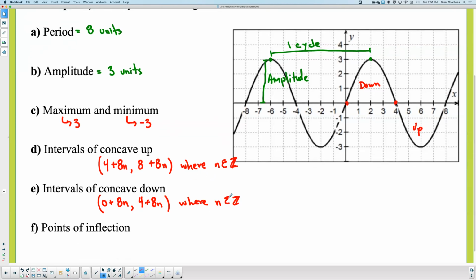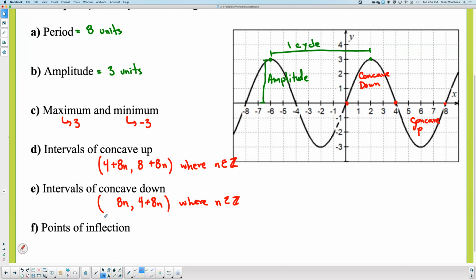It's an integer. And points of inflection. What does it mean to be a point of inflection? That's right, when the concavity changes. So where do we change? At 0, 4, 8. These are the points of inflection here. So what you could do here is, what's 0 plus 8n? I could have reduced that. What is 0 plus anything? Whatever it was.